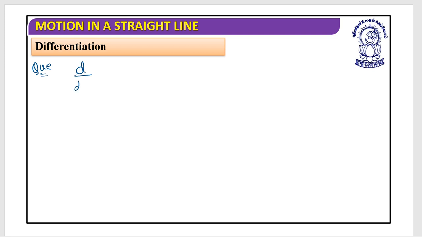Let's look at the next one. Next is d by dx of sin x plus tan x plus ln x plus e to the power x. What is d by dx of sin x?